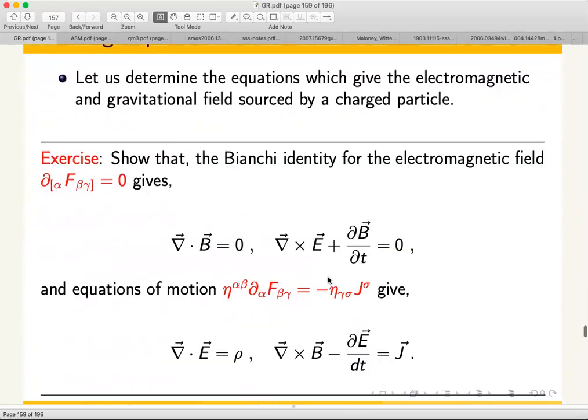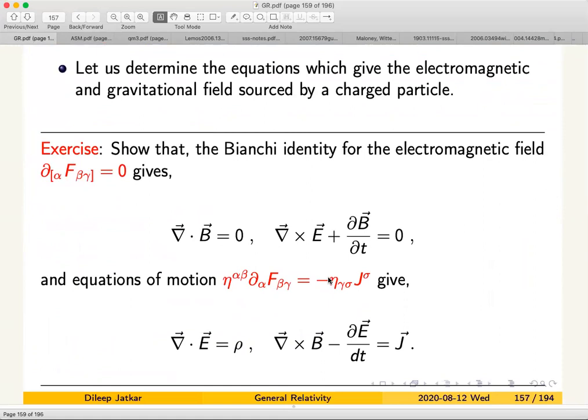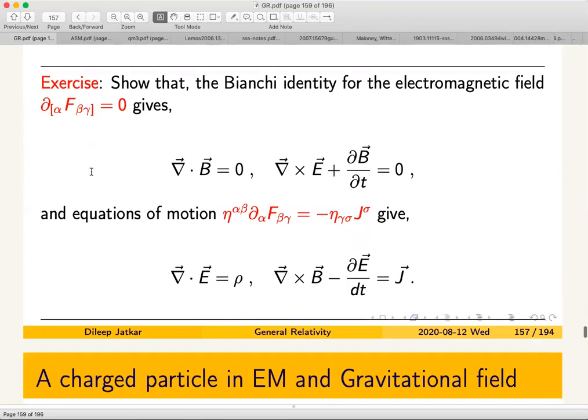So there was some exercise which was mentioned last time also, I think, where you can show that the Bianchi identity gives you these two Maxwell's equations, and the equation of motion gives you the del dot E and del cross B Maxwell's equations. Just an exercise to relate the covariant notation to the non-covariant notation.